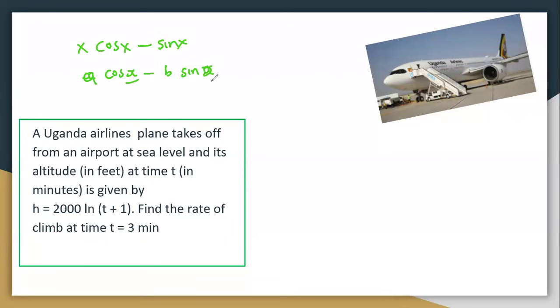As long as you check that the angles here are the same, even if it is cos x plus sine x, whatever variables you have, as long as you have a mixture of cos and sine, either an addition or subtraction, and the angles are the same, even if this is 2x and this is 2x, this is 5x and this is 5x, our formula can always come in. Hope that is okay. So can we first try this on our own?